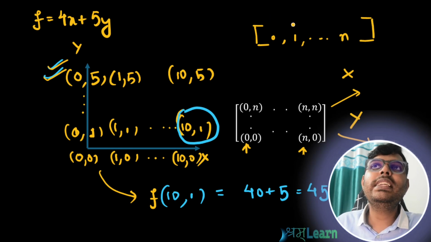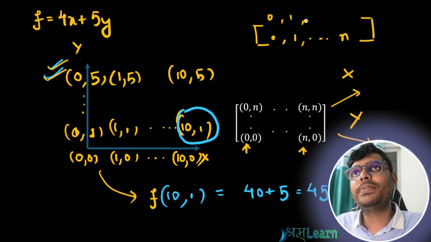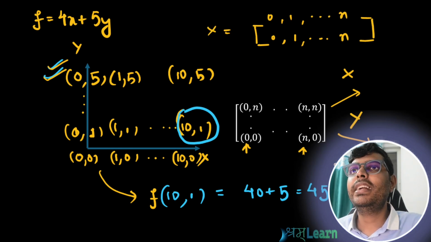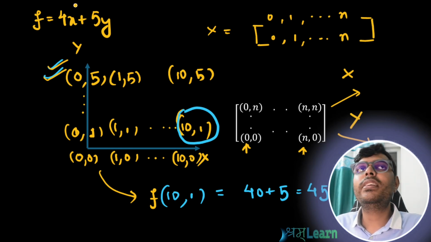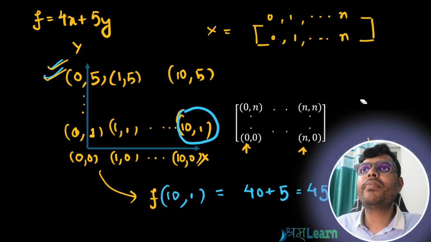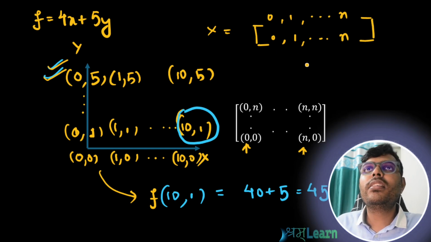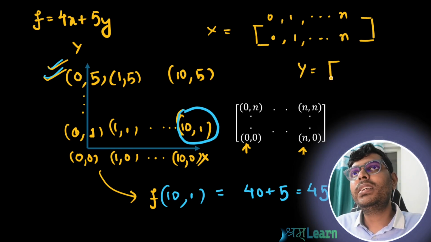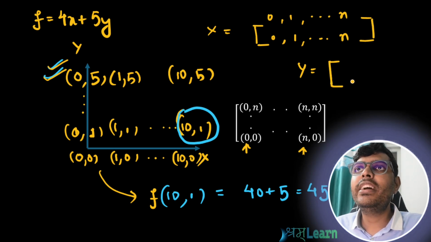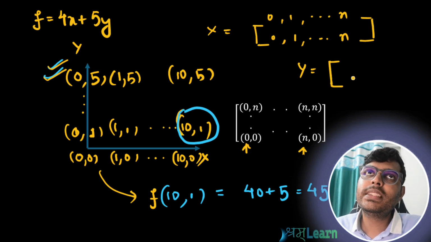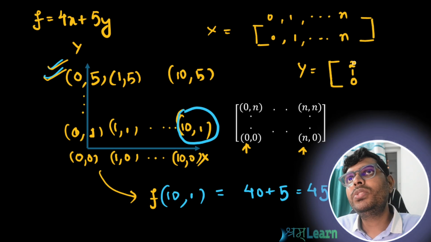So we will have 6 such rows as discussed. This is the x matrix, and similarly we will have the y matrix. Let me write the y matrix here. Y matrix is nothing but all the y values, starting from 0, 1, 2, 3, 4 and 5, okay.